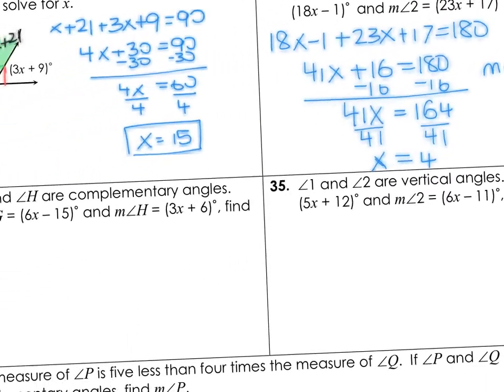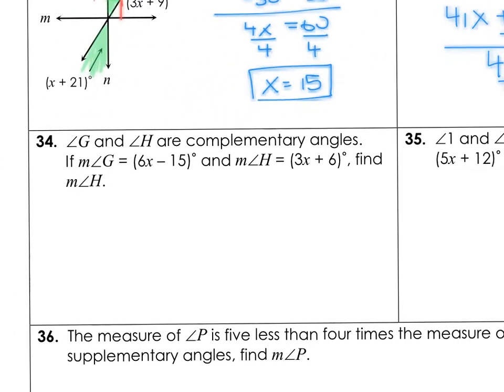Okay. Coming over here, complementary, we know, means 90. So we add the two together. And it equals 90. Solve for x.